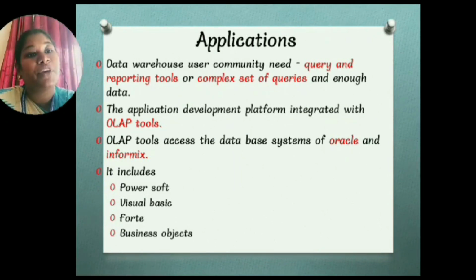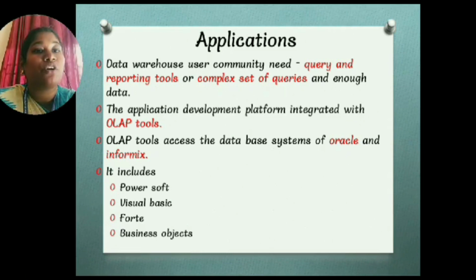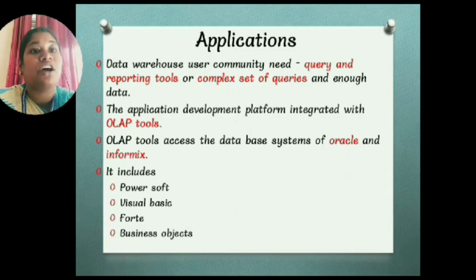The OLAP tools access database systems such as Oracle and Informatica, and include PowerSoft, Visual Basic, and Business Objects.